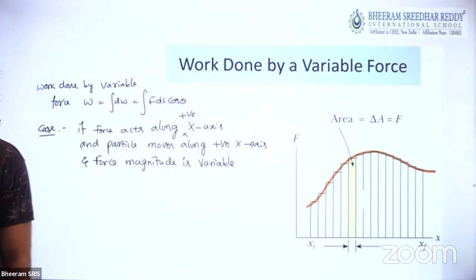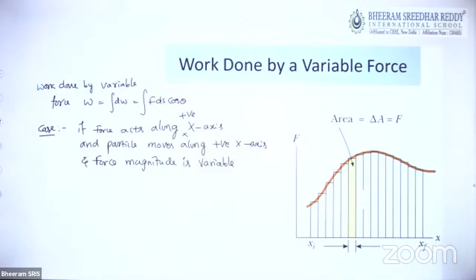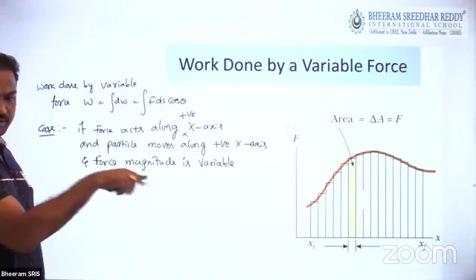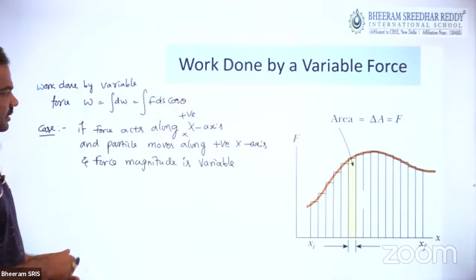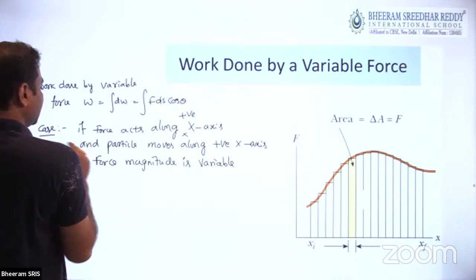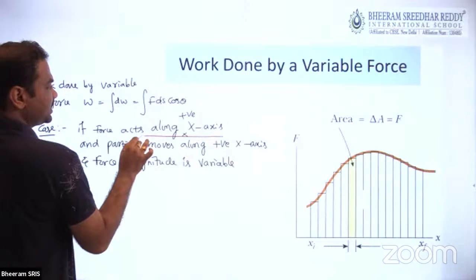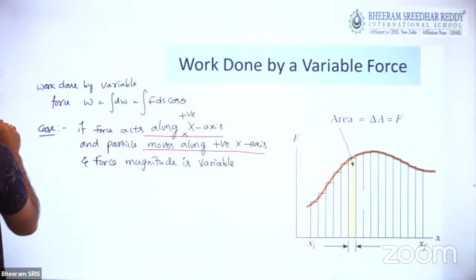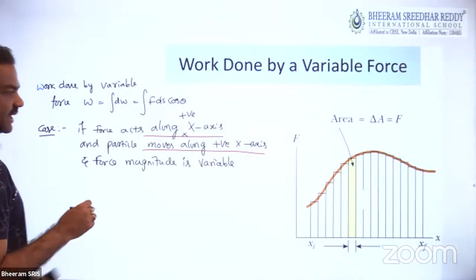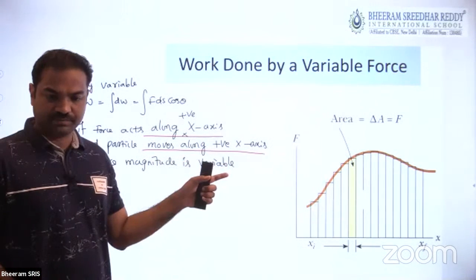If force is acting along the positive x-axis, and the particle is also moving along the positive x-axis, but the force magnitude is variable, not constant, then what is the angle between the force and displacement? Force is along positive x-axis, displacement also positive x-axis. Then what is the theta value? 0. Very good.